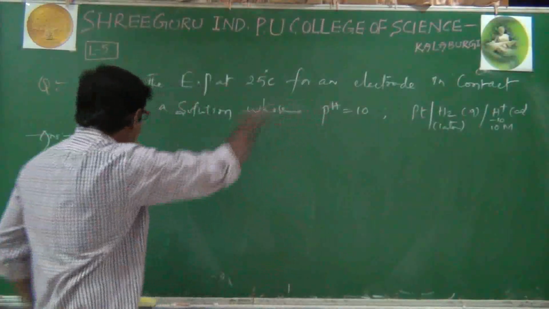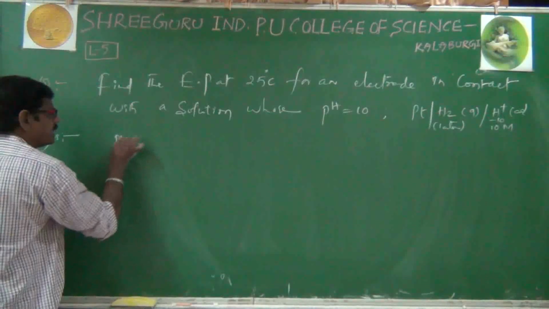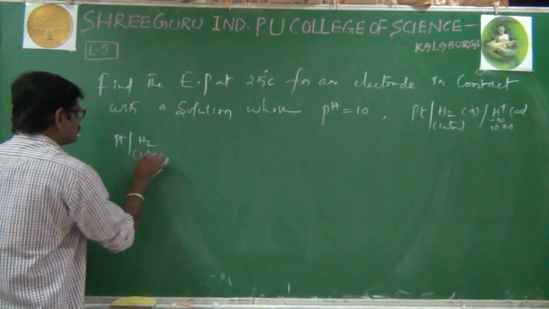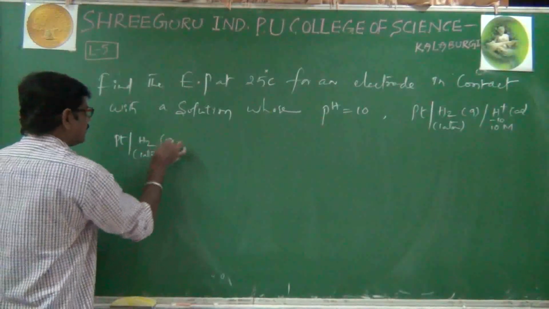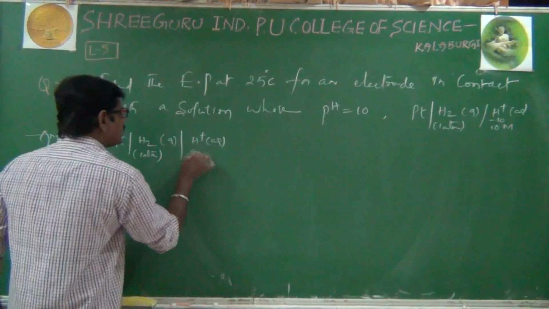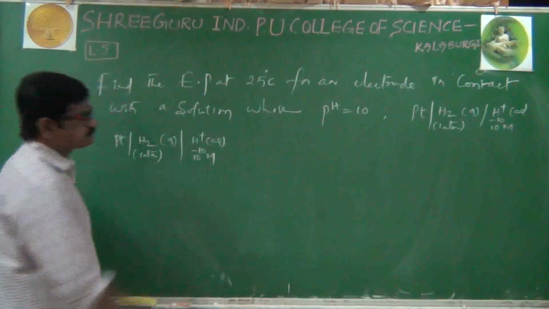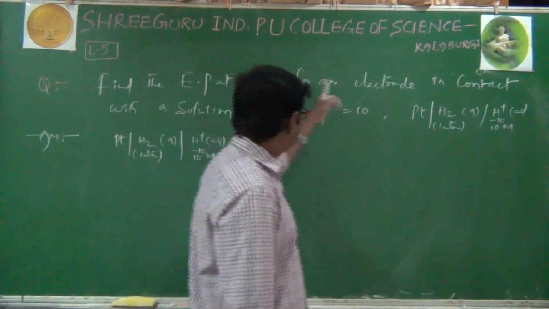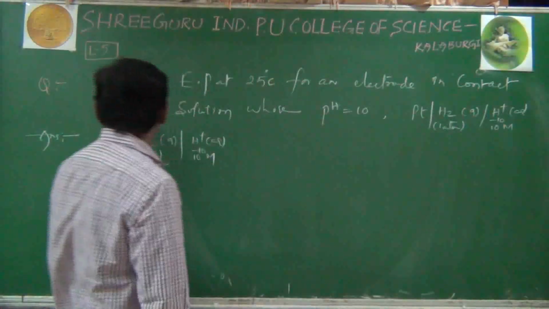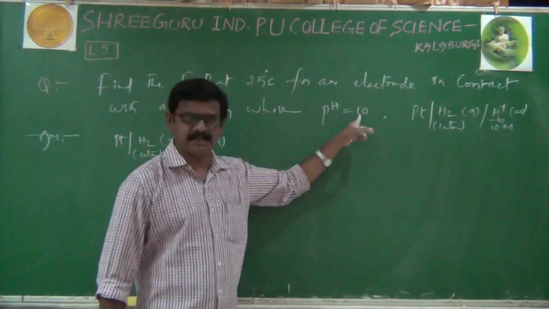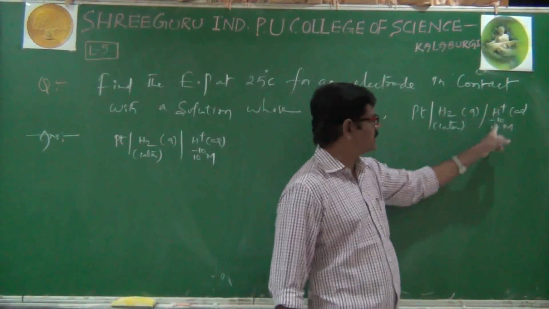Once again, I will write the given symbol as it is: platinum oblique H2, of course 1 atmosphere gas, oblique H plus 10 to the power of minus 10. And pH 10 is nothing but H plus is 10 to the power of minus 10.